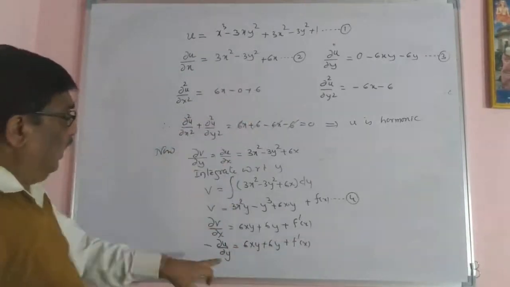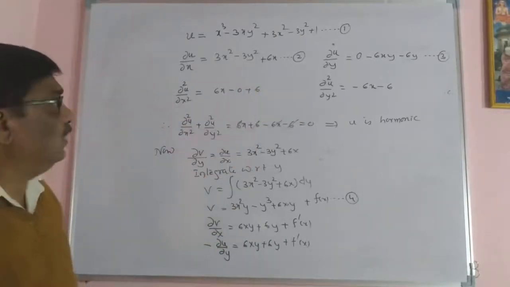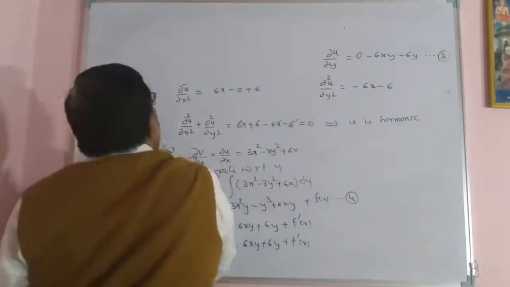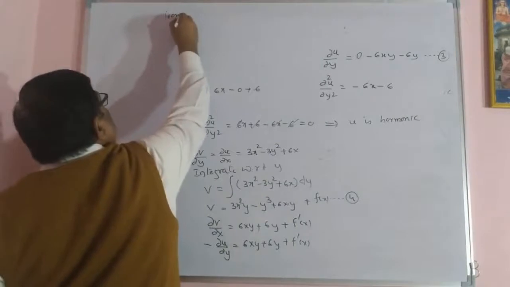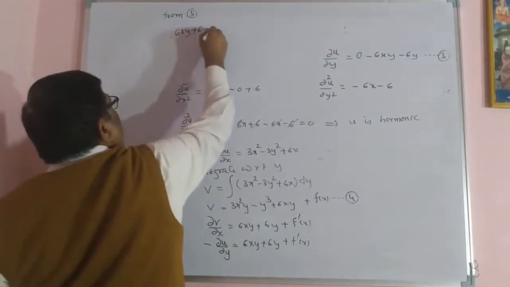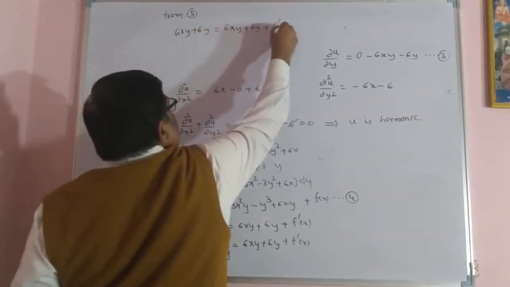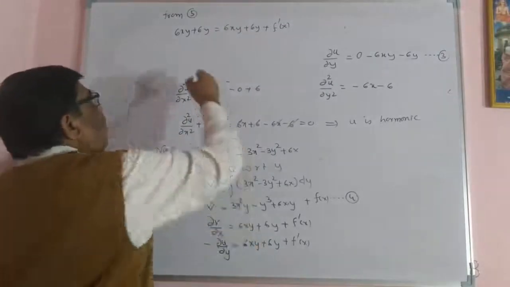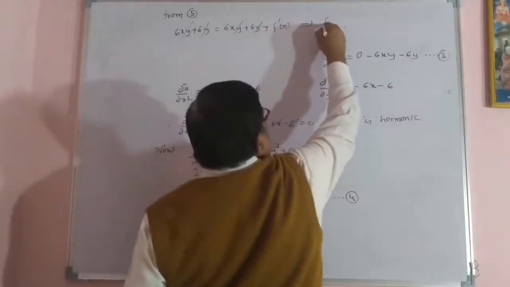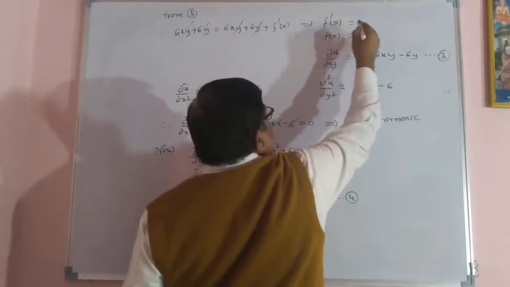From equation 3, minus dou u by dou y is 6xy plus 6y. Substitute that from 3: 6xy plus 6y equals 6xy plus 6y plus f dash of x. Definitely both sides have the same terms, cancel them. This implies f dash of x equals 0 and f of x equals constant.